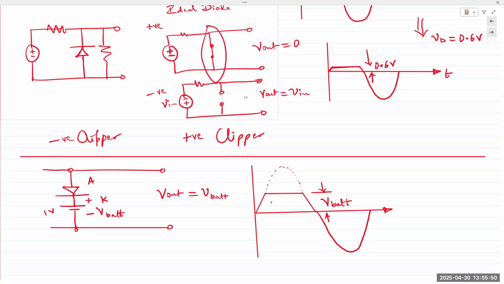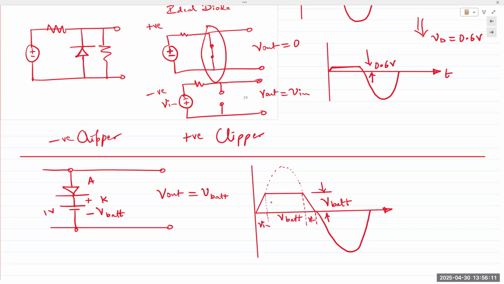Now the thing to keep in mind is this portion, up to that point, the voltage is coming from the V in. And again, this portion right here is coming from V in. This is coming from the battery.